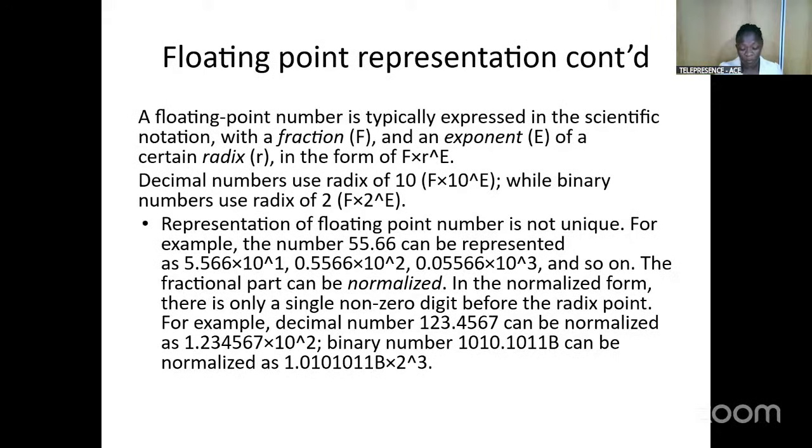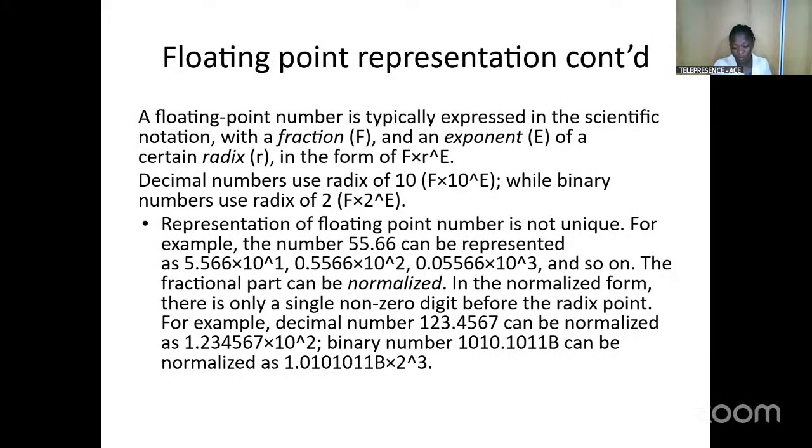For example, we have a decimal number of 123.4567, which can be normalized into 1.234567 times 10 raised to the power of 2. We want to normalize it to have an exact number.